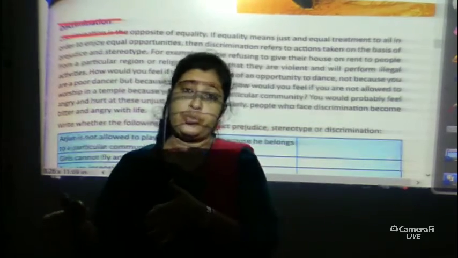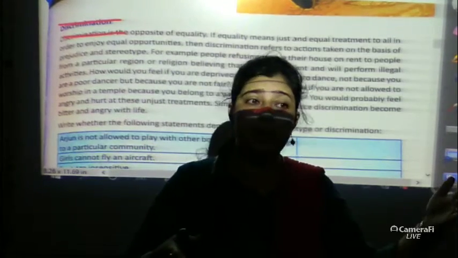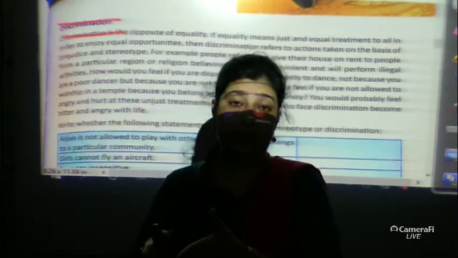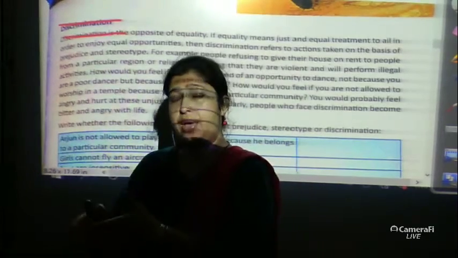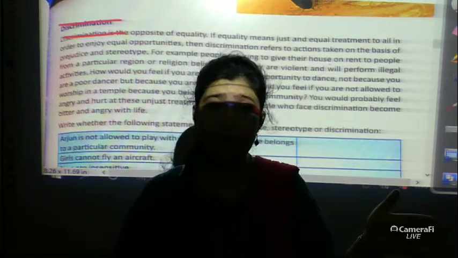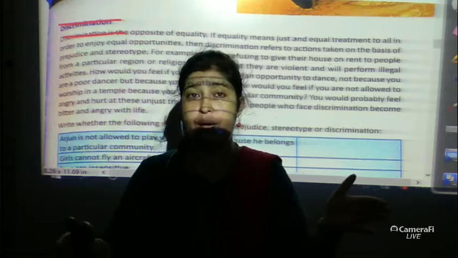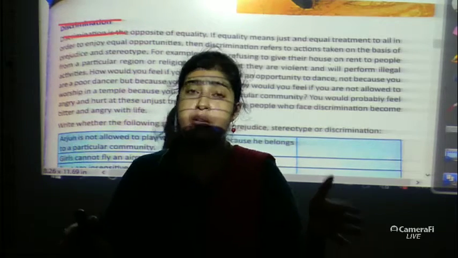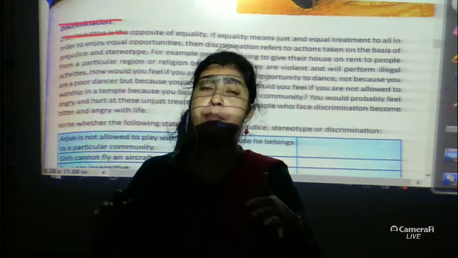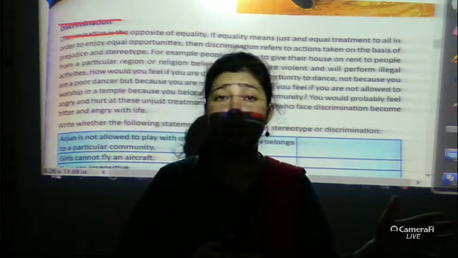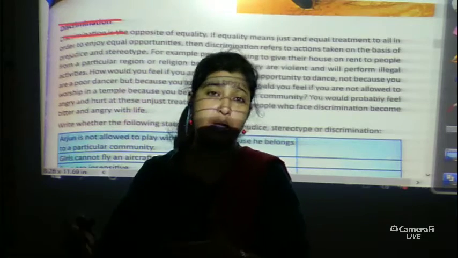Suppose one family is a Hindu family, and a Muslim family comes asking for rent. When that Hindu family comes to know that they belong to a Muslim family, they never give them a rented house. Maybe they would pay the full money, but still no. As you are Muslim, I do not allow Muslim people in my home.